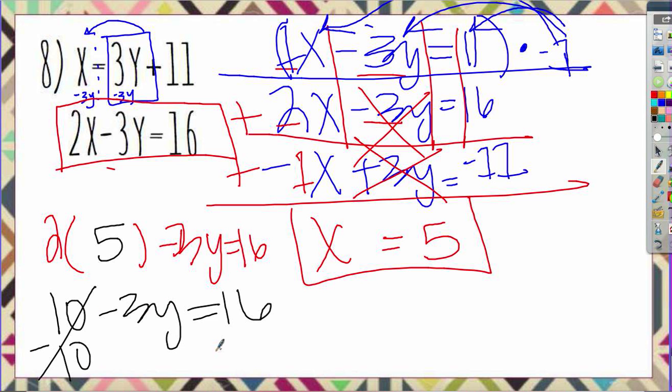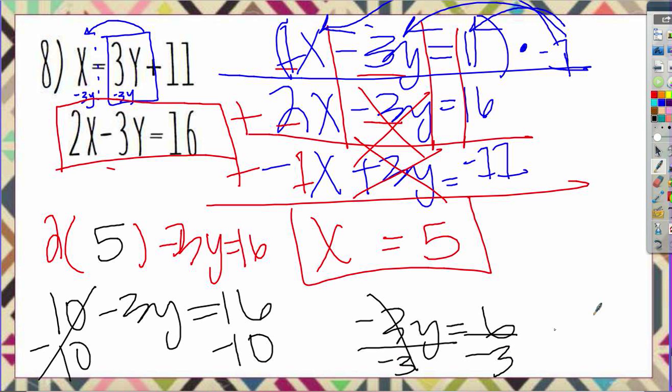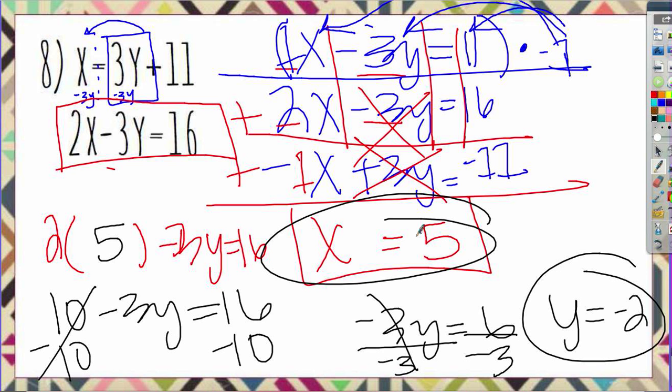Minus 10 from both sides. Negative 3y equals 6. Divide by negative 3 on both sides, and our y is equal to negative 2. We have our x and our y, so now we have the point where they're intersecting at the point 5, negative 2. That should have been the answer to number 8.